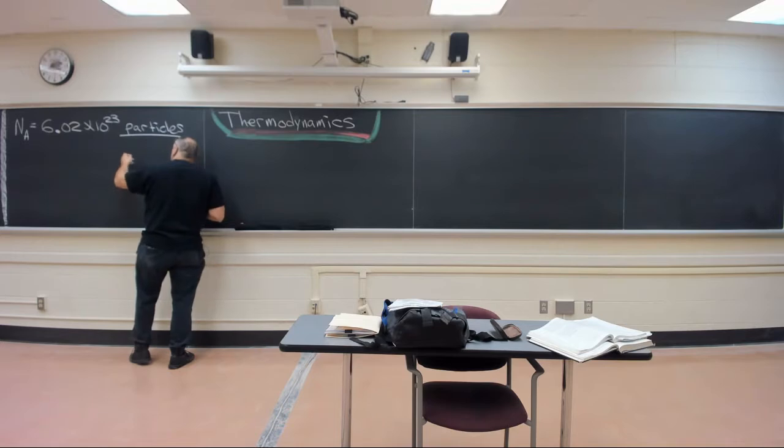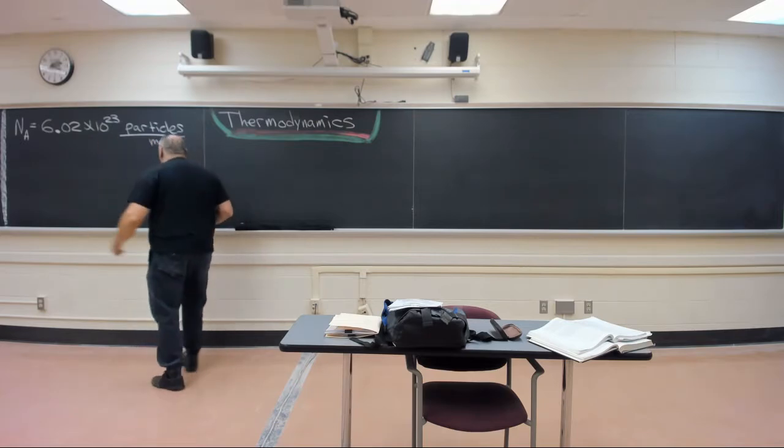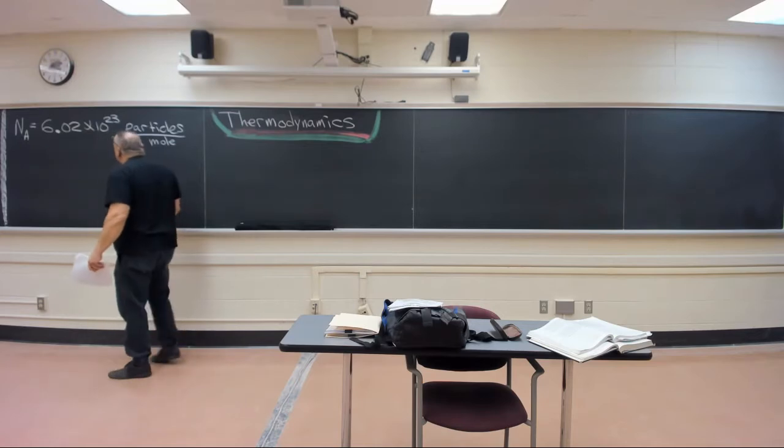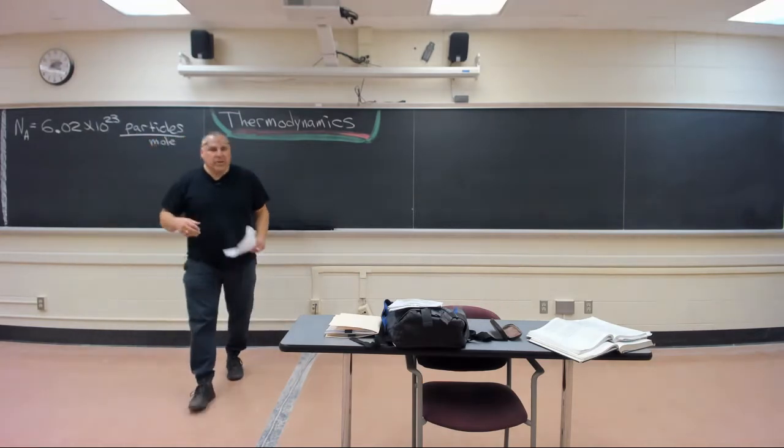It's 6.02 times 10 to the 23rd particles per mole. This thing called a mole has 6.02 times 10 to the 23rd particles present.